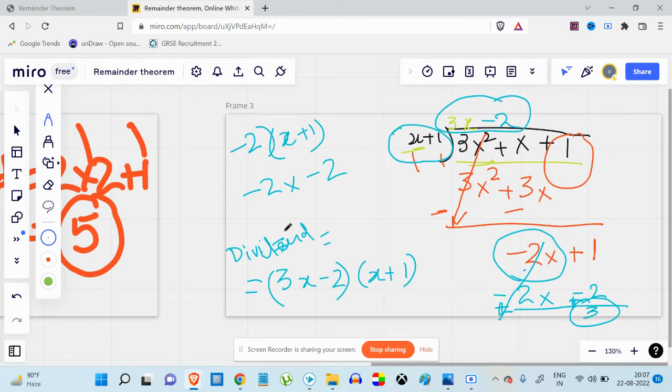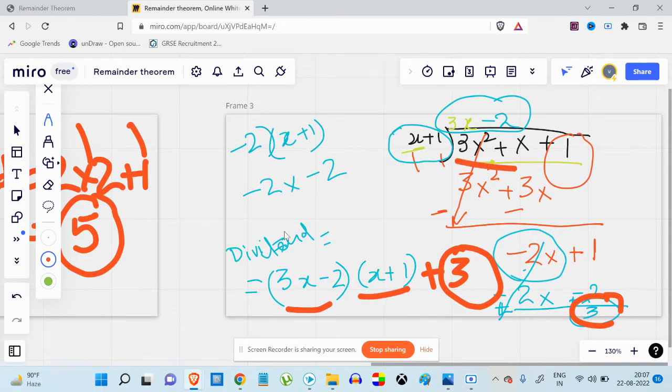Remember, the thing that will get added is nothing but plus 3, that is the remainder. So this is the remainder, this is the quotient, this is the divisor, and the thing which is getting divided is this polynomial expression 3x square plus 1.